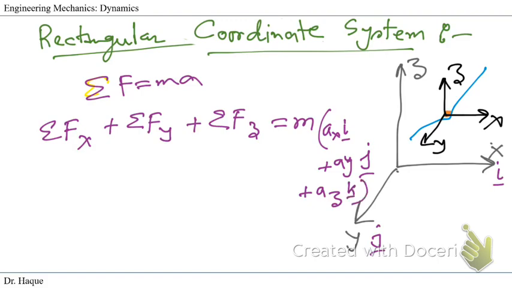So the acceleration has three directional components. i, j, k are the directional unit vectors.